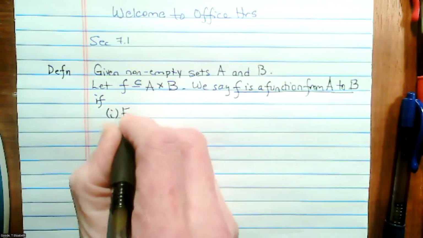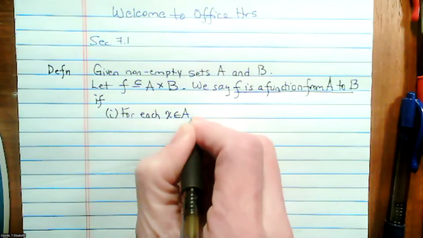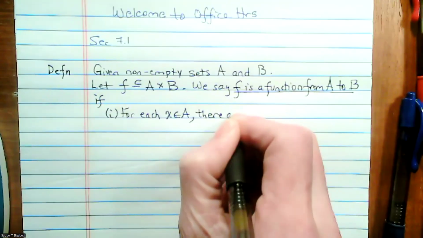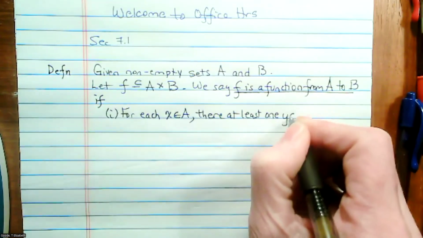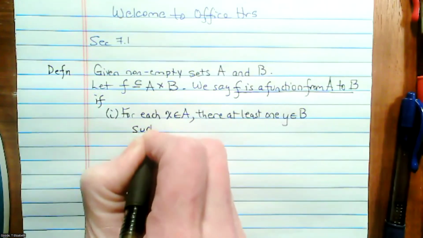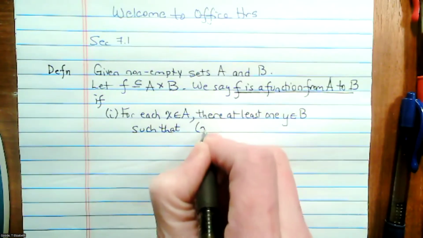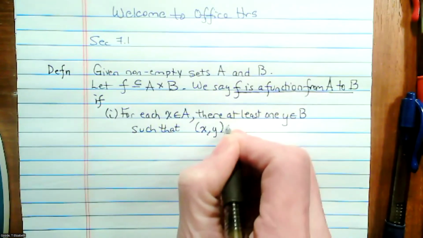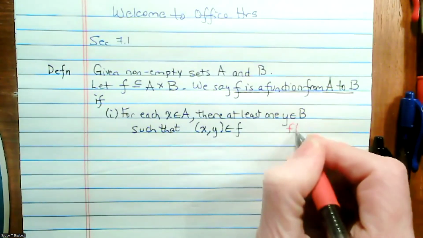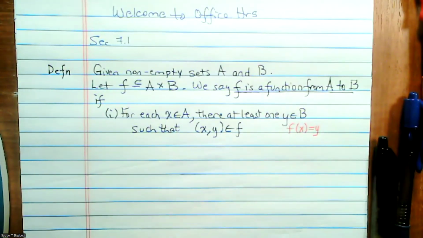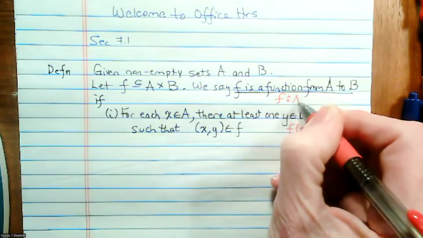One, for each element, say little x in A, there is at least one y in B such that (x, y) is an element of F. And the way we might write that would be that f of x equals y. Okay, and a function from A to B, that notation is f goes from A to B.